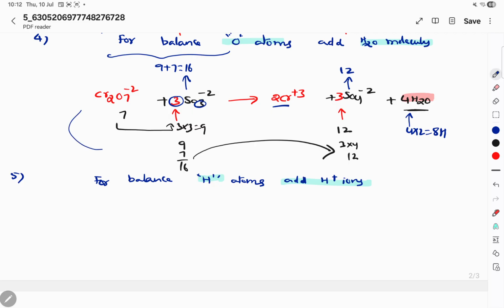So this side hydrogen atoms are coming, and on this side I am adding hydrogen ions. Cr2O7 minus 2 plus 3SO3 minus 2 plus 8 H plus ions gives rise to 2Cr3 plus plus 3SO4 minus 2 plus 4 H2O. This is the final conclusion, students.